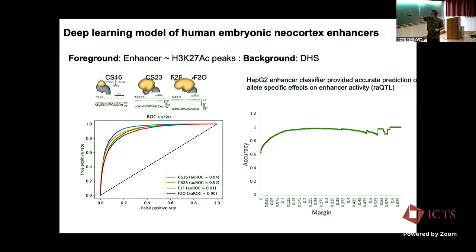As soon as the difference of the score, the sigma score between the two alleles, reaches about 0.1, we are 100% correct in getting the right allele as having higher enhancer activity. So this is wonderful. It came out as a side effect of this model, because the model was not told anything about which nucleotide is important and all that. It just knows about this 1 KB or 2 KB sequence. So this is unbelievable to me, but it works.